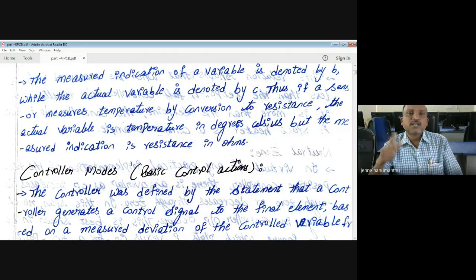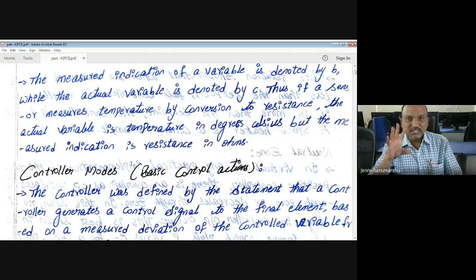How the controller is going to give some output by using different channels, different modes, different actions. Why are we specifically speaking about controller? Because for any control system, controller is the heart of the control system. So you have to know clearly what a controller is, what the control actions are, what its modes are, and how it responds for a given input, for any given error signal.